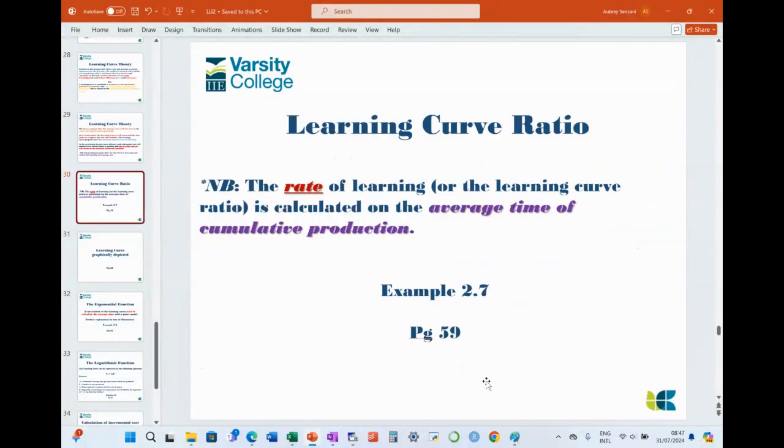Okay? So we as financial people need to be able to obviously calculate the learning curve ratio. All right, the rate of learning or the learning curve ratio is calculated on the average time of cumulative production.